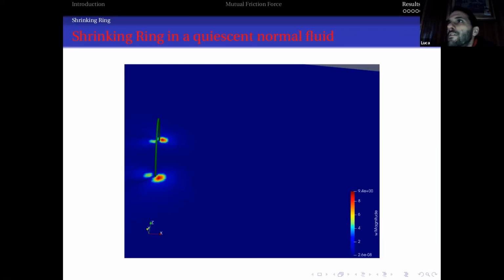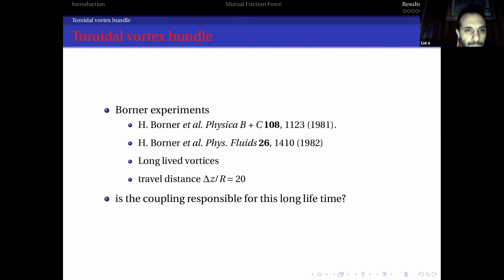The size of this dipole is about 5 or 6 microns, depending on the temperature. And if we calculate the circulation around this normal fluid vorticity structure, we get a normal fluid circulation which is roughly half of the quantum of circulation.